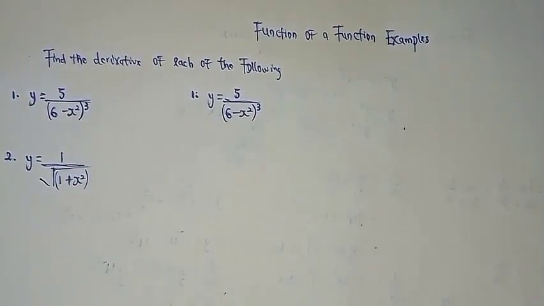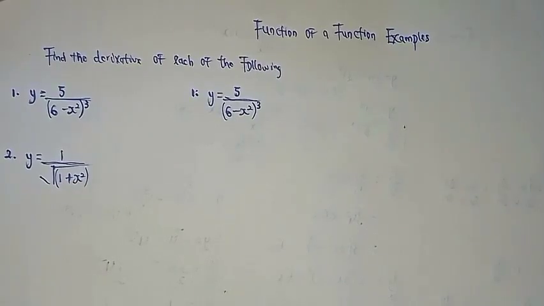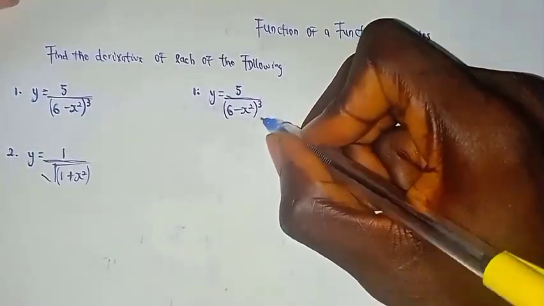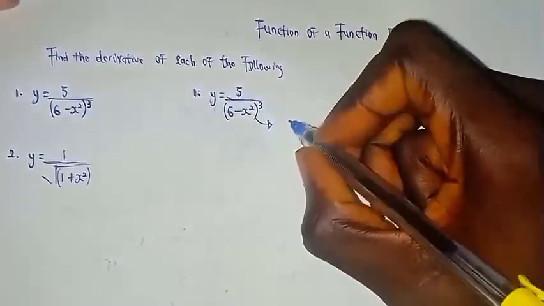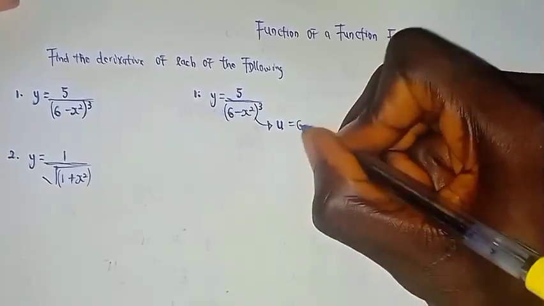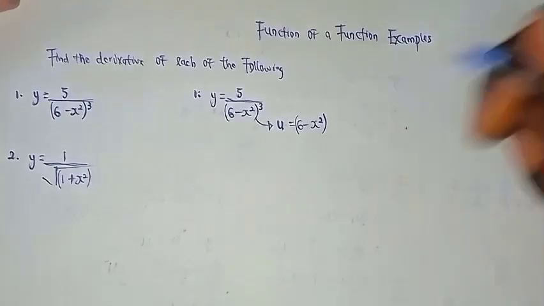Now, in solving function of a function, you have to be careful when choosing your second function. That's when choosing your u. So in this case, our u is going to be 6 minus x squared.